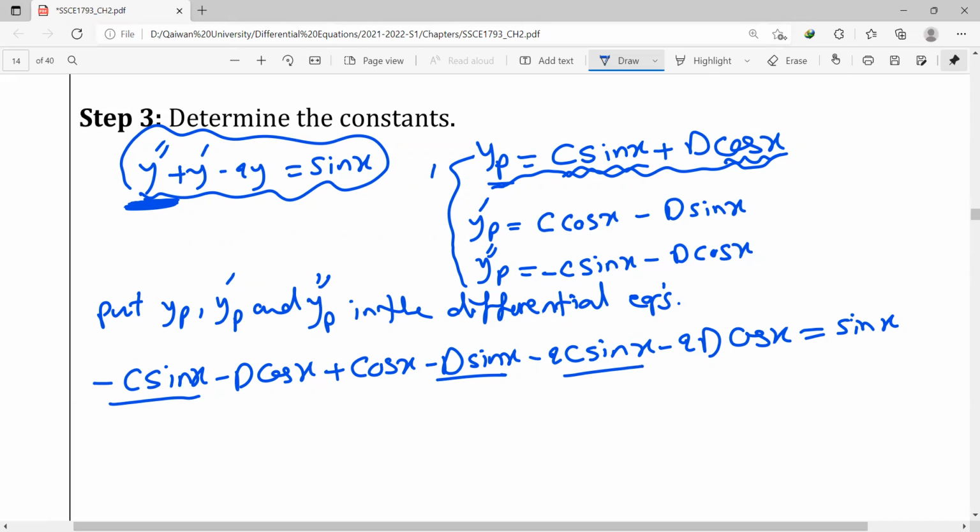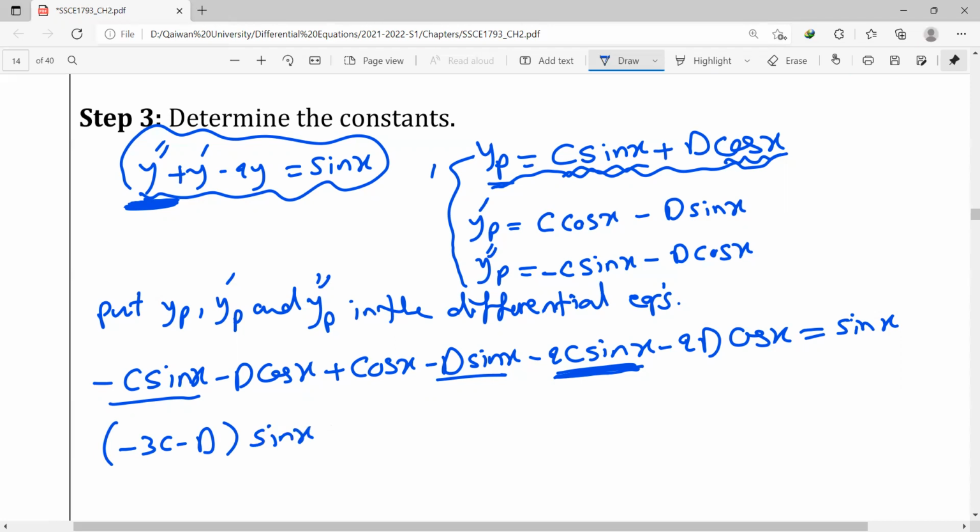We have minus C sine x minus 2c sine x, which means minus 3c sine x, then minus d sine x, and between these we can take sine as the common factor. We can write it as minus d all times sine x.